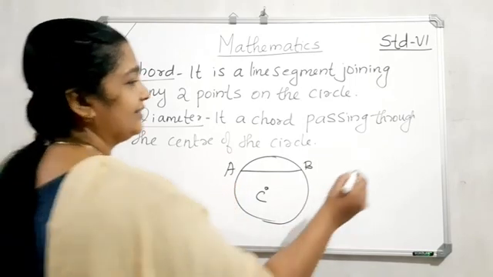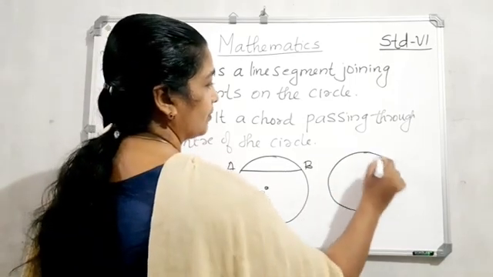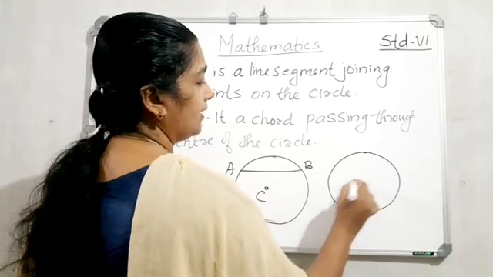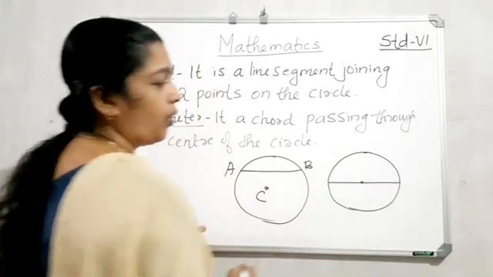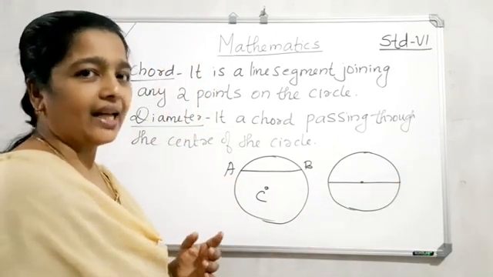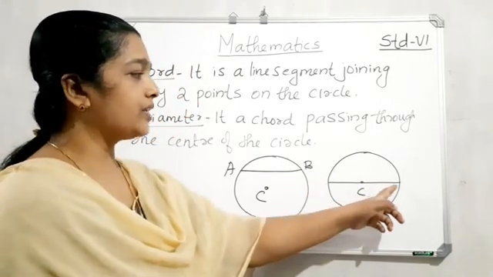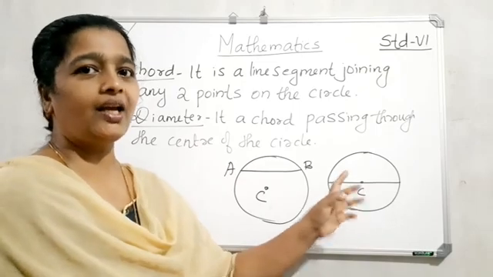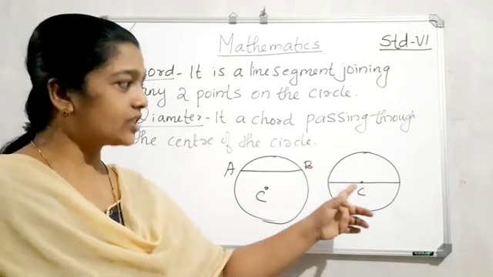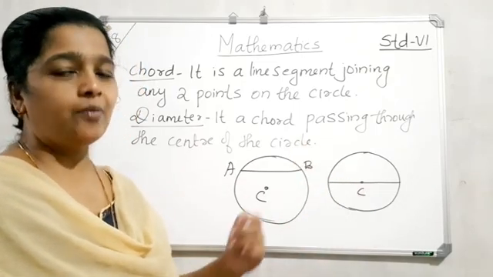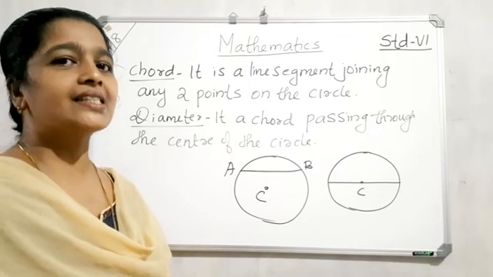And listen. Next. Through center C, I draw one chord. Here two points join together, then this is also another chord. This chord is known as diameter.